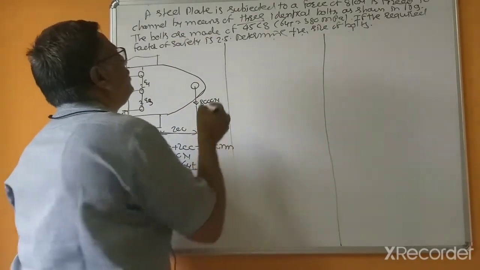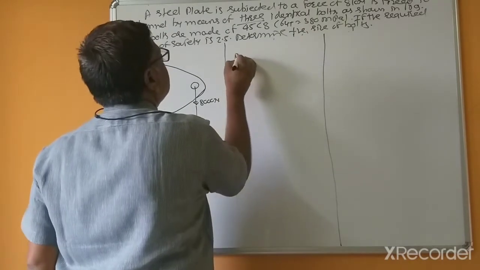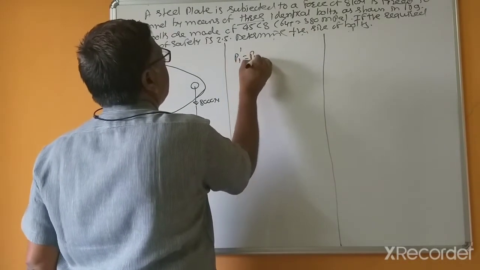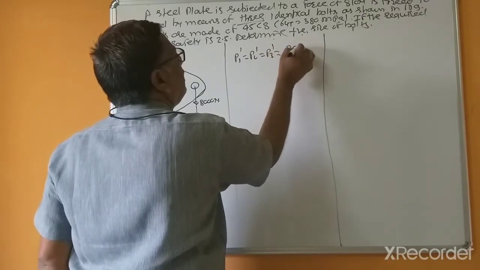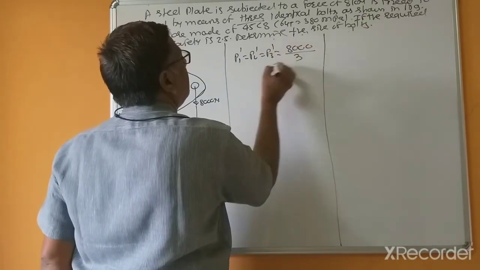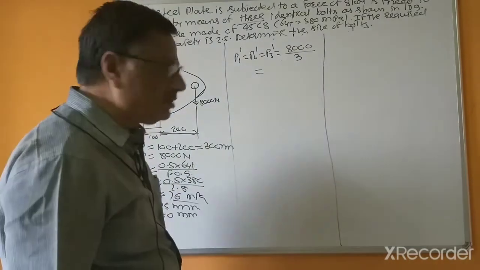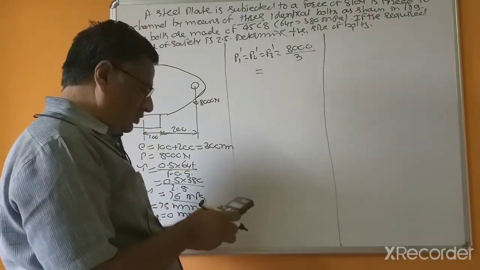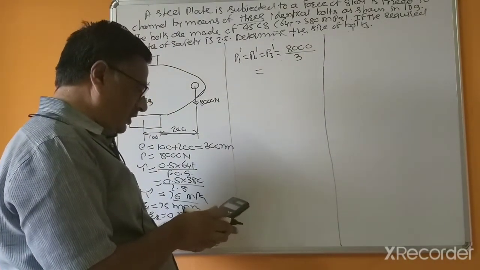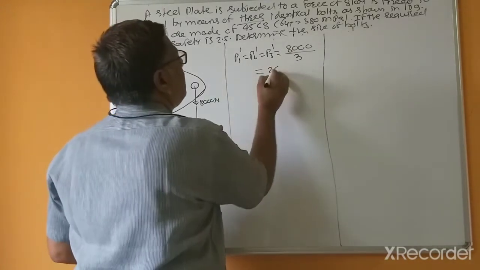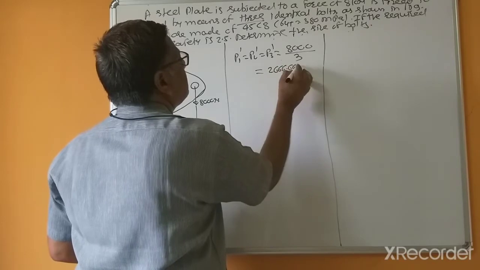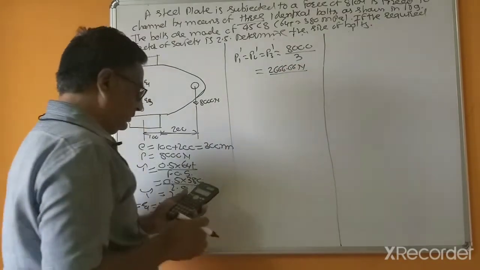Now the primary shear force acting on each bolt, P1 single dash, P2 single dash, P3 single dash, is 8000 divided by 3, which is 2666 Newton.